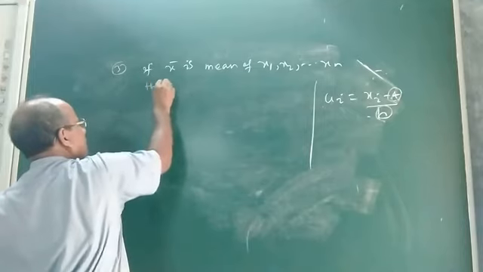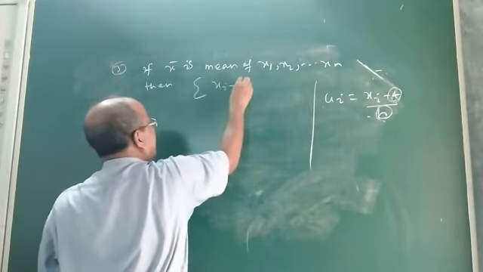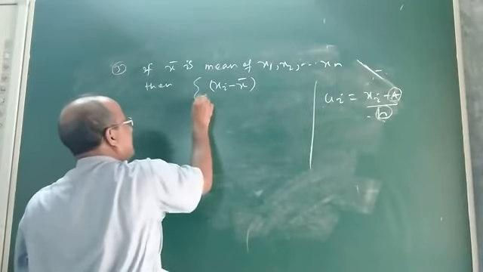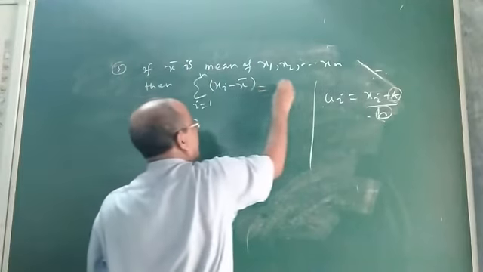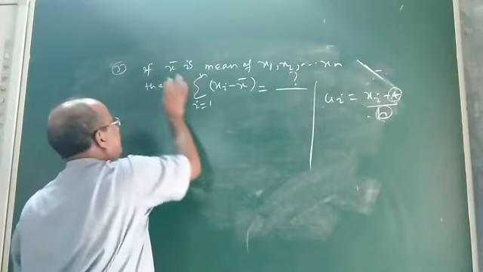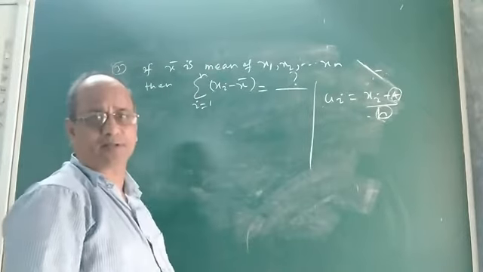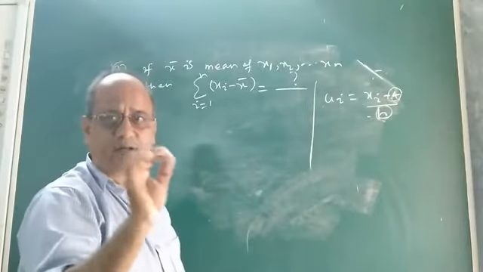Then what will be the value of summation of xi minus x bar, i taking values from 1 to n? How to calculate the value of this expression if x bar is the mean of the n observations x1, x2, x3 up to xn?